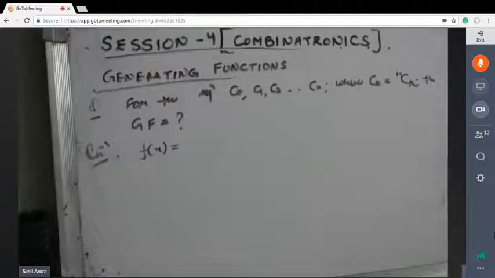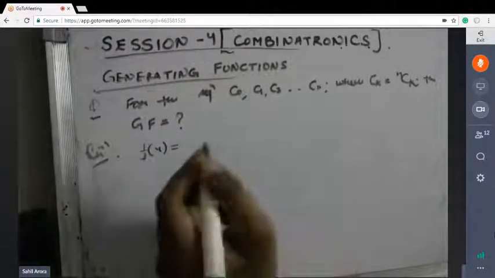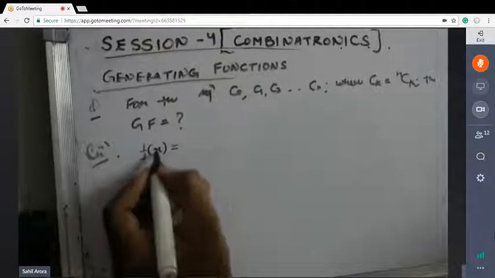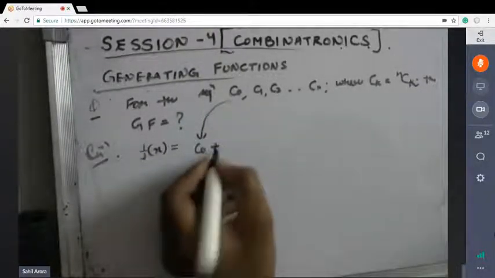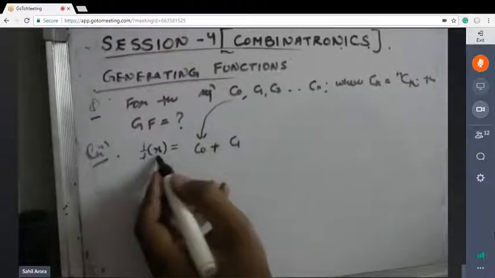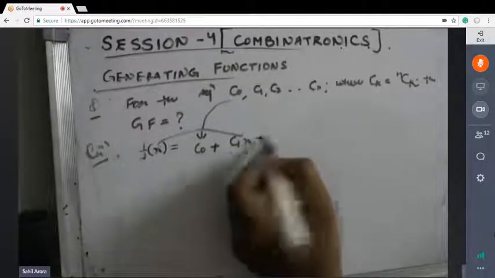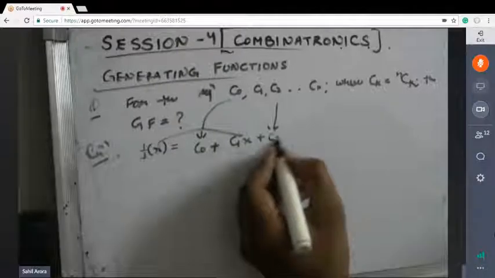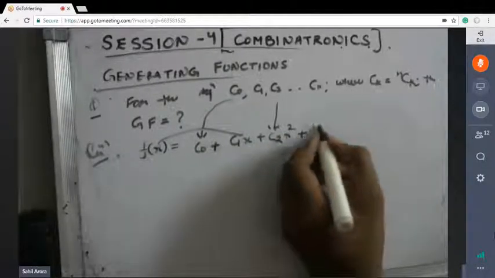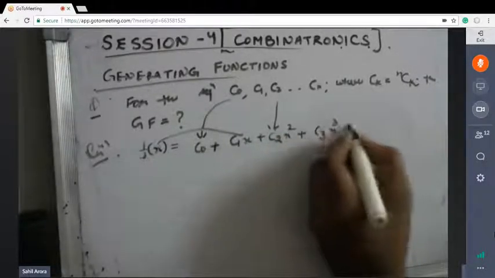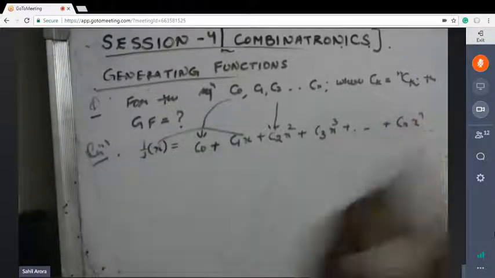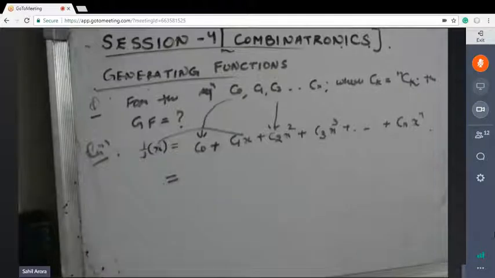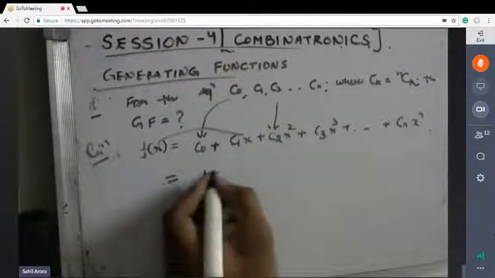Then I will pick up the first term, then the second term multiplied with x, then the third term multiplied with x square, then the next term multiplied with x cube, and so on up to C of n, x to the n. One thing we know, this whole concept is actually a binomial expansion of (1 plus x) to the power n.